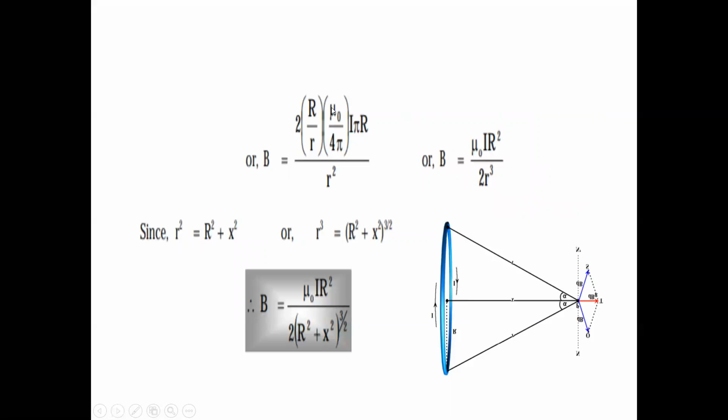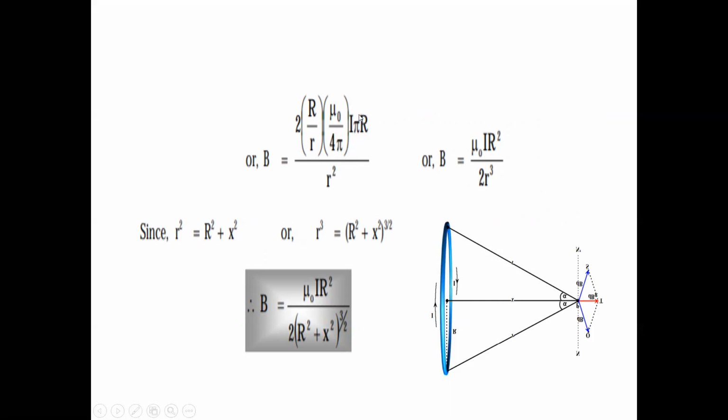And the K value, we know, is equivalent to mu naught by 4 pi, times I by R. So integral dB means B. By applying limits 0 to pi r, it is equal to pi r.